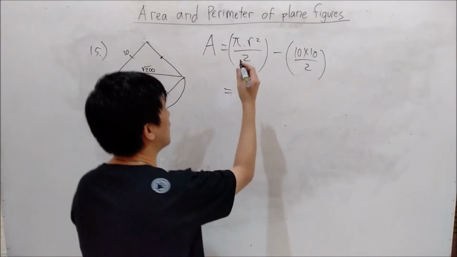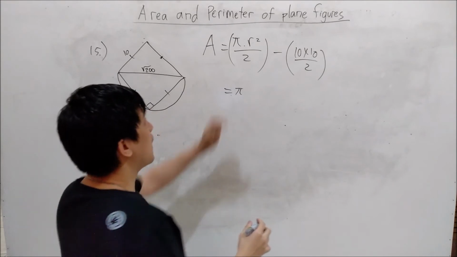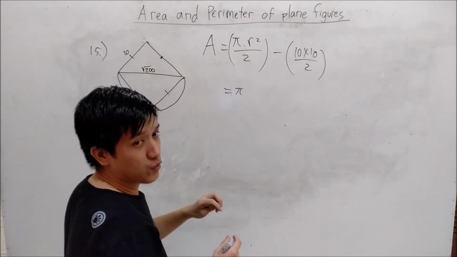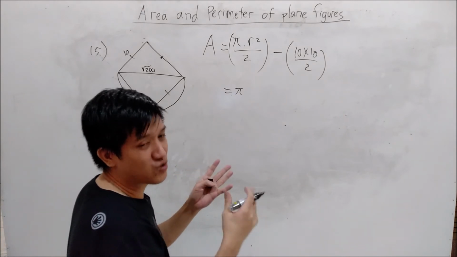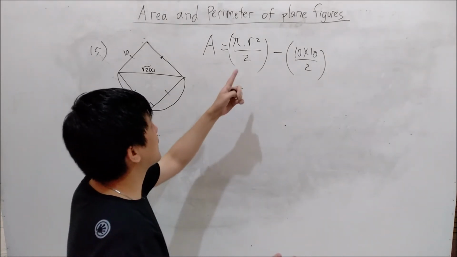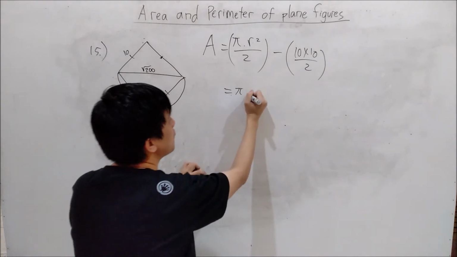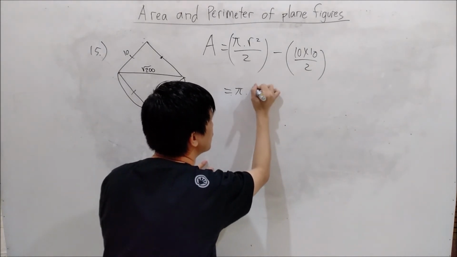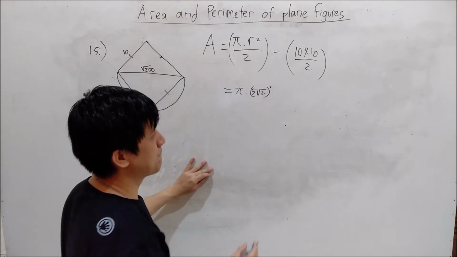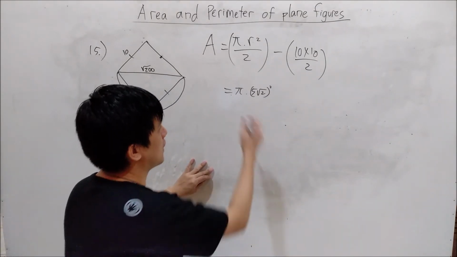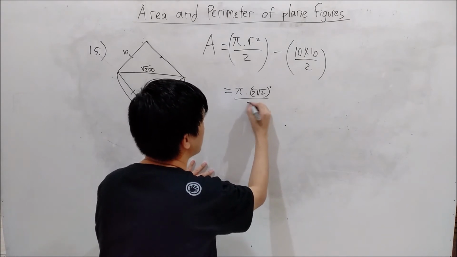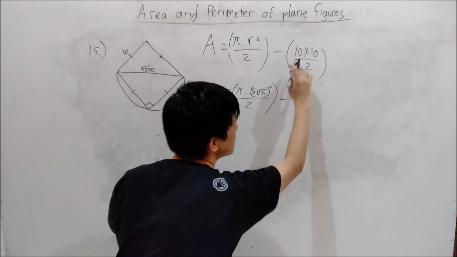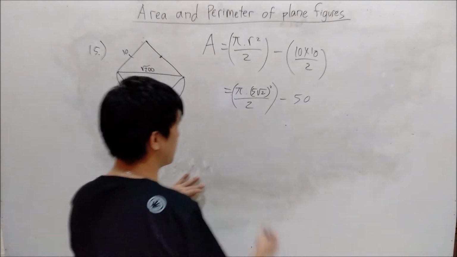Let's try it. Let's leave this as pi, and then the r square. The diameter is square root of 200, which means 10 square root of 2. And then because r is half of it, so we will have 5 square root of 2 square divided by 2, and then minus 50.